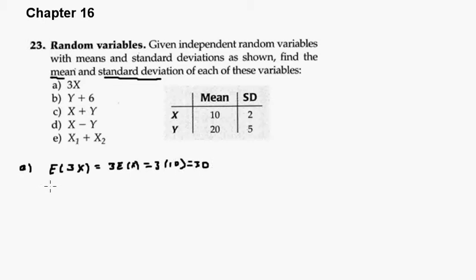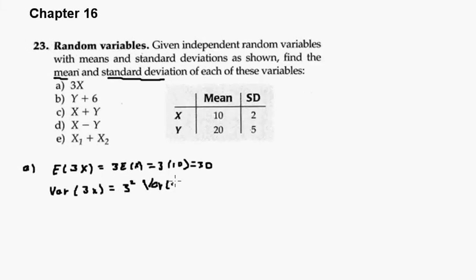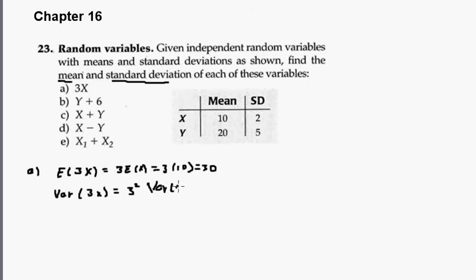Okay, now before we can get the standard deviation, we have to find the variance. So the variance of 3 times x is 3 squared times the variance of x.